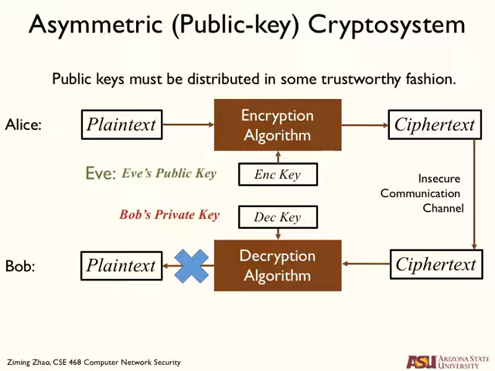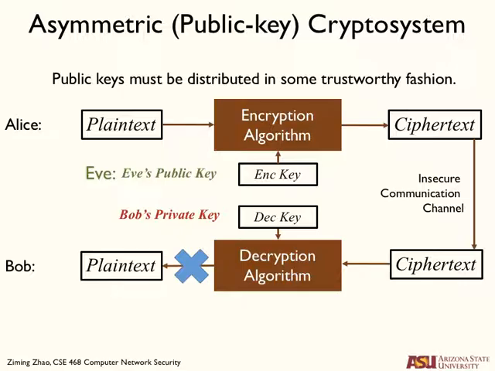In this case, Alice will encrypt the plaintext using Eve's public key, while believing she's sending that message to Bob. Then Bob cannot decrypt this message, and only Eve can decrypt it and have access to the secret Alice wants to share with Bob.